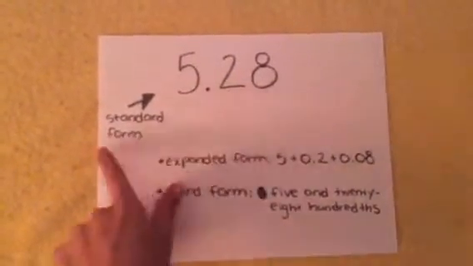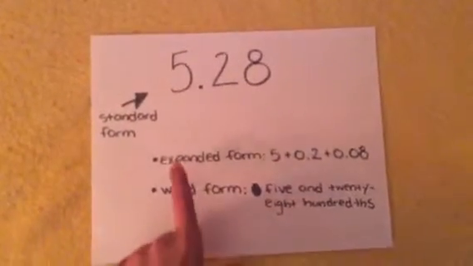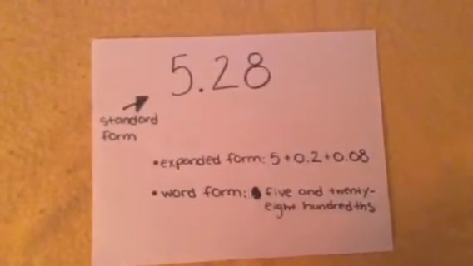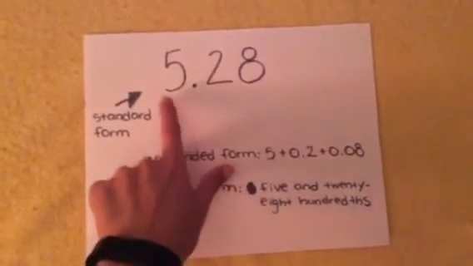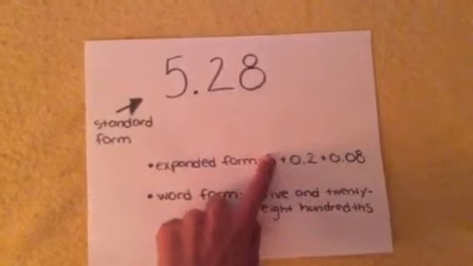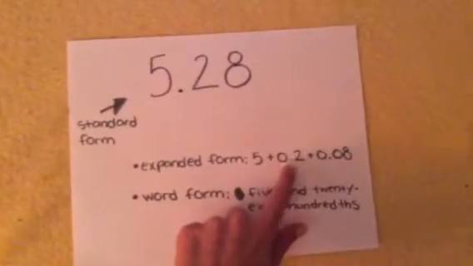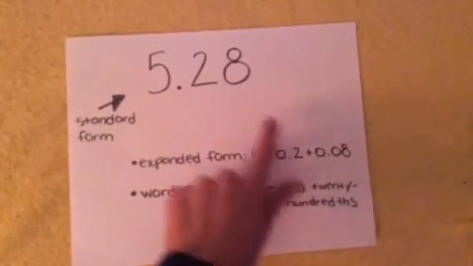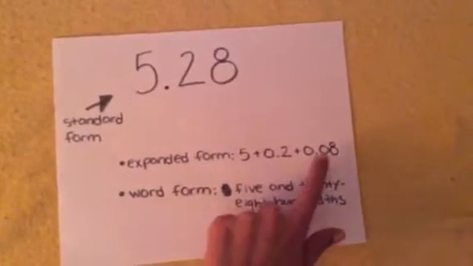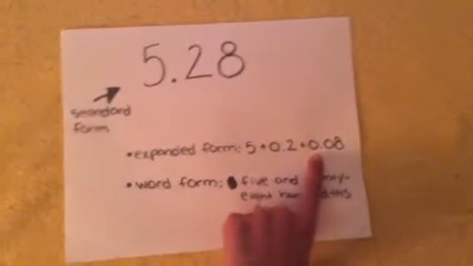Now, 5.28 is just our standard regular way of writing this number. Now, expanded form is I've got to expand it, break it apart. So I see that I have 5 wholes plus 2 tenths. That's how we write 2 tenths as a decimal, plus 8 hundredths. That's how we write 8 hundredths as a decimal.